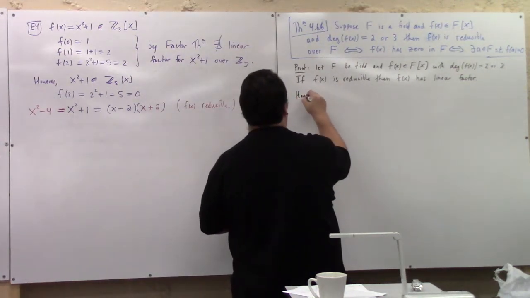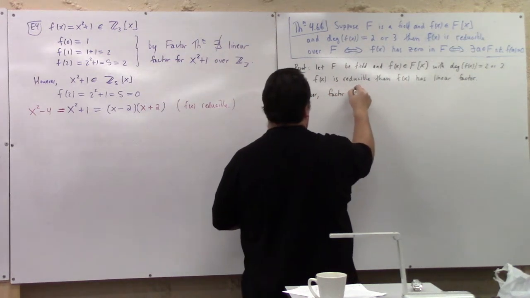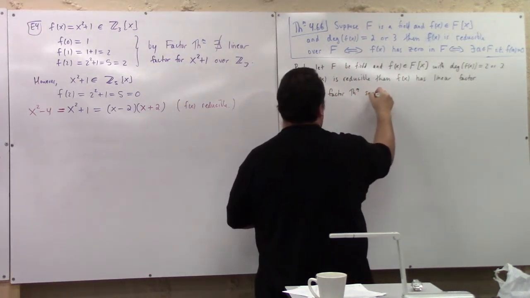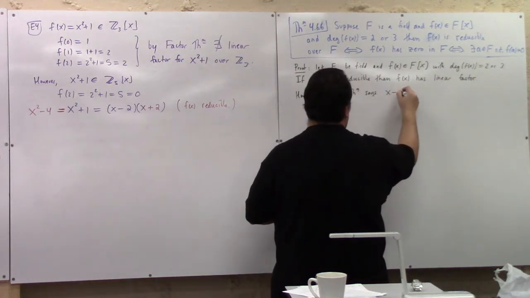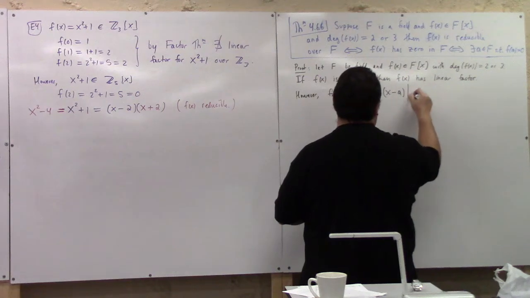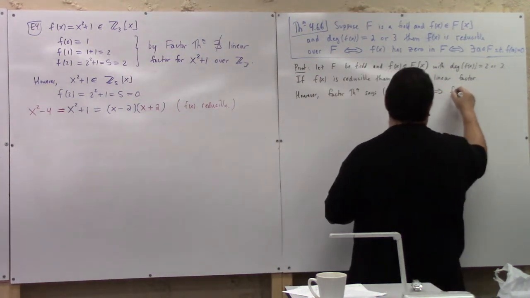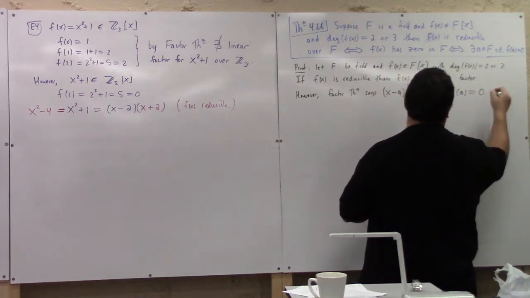However, the factor theorem says x minus a divides f of x if and only if f of a is equal to 0.